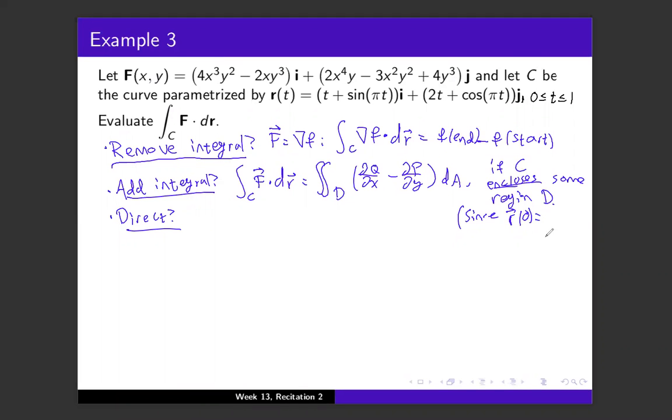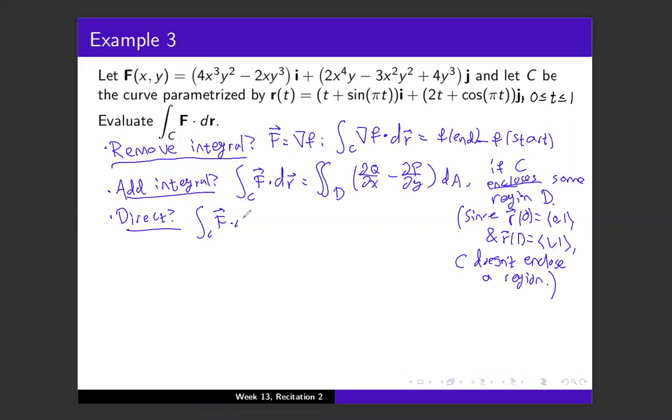Now r of 0, you can just stare at that and see that r of 0 is (0, 1). But r of 1, on the other hand, is (1, 1). So it doesn't start and end at the same place, so it doesn't enclose a region. This isn't an option for us. The last thing we can try is the direct approach, which we just explored.